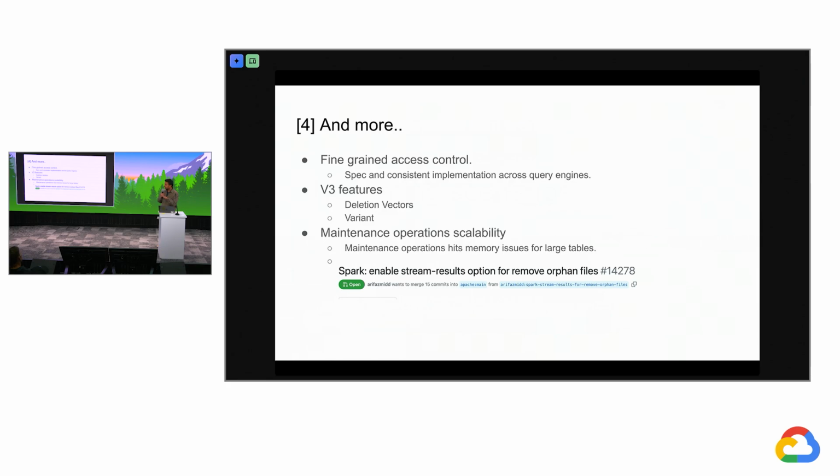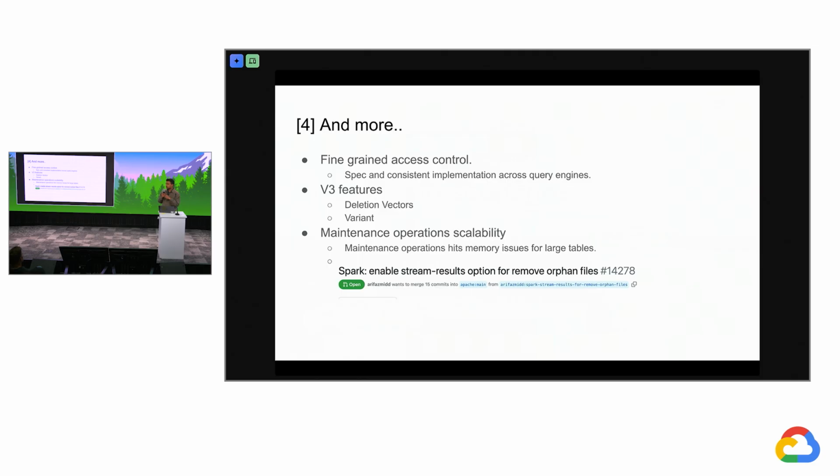The V3 features that were completed, deletion vectors and variants, that is also something that is quite important for us, and we are starting to use them. Variant is important for us because we have downstream systems that are accessing the columns that are of variant type.